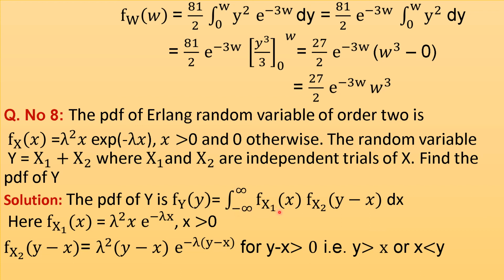Integral 0 to infinity, fx1 means lambda square x e power minus lambda x, into fx2 of y minus x. And fx2 of y minus x will be lambda square into y minus x, e power minus lambda into y minus x, provided that y minus x is positive.